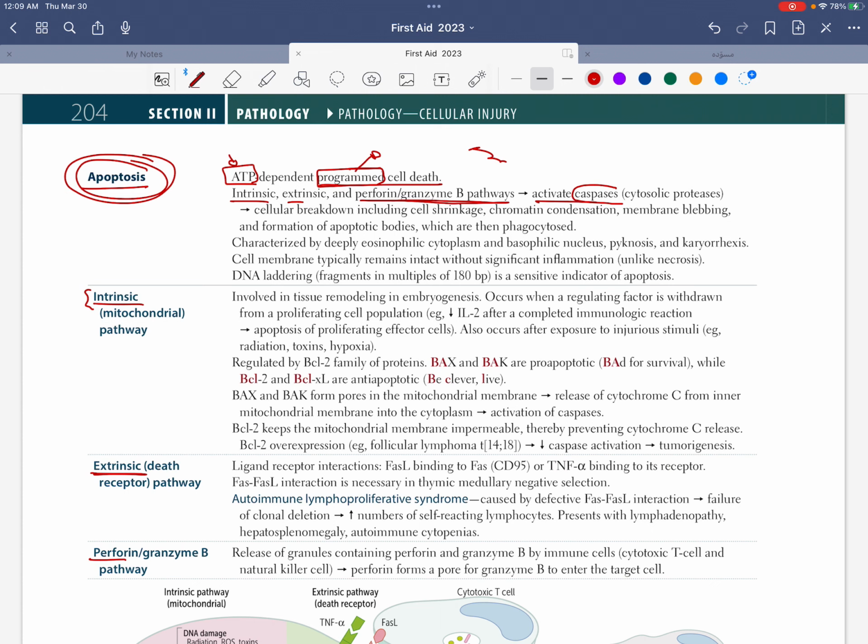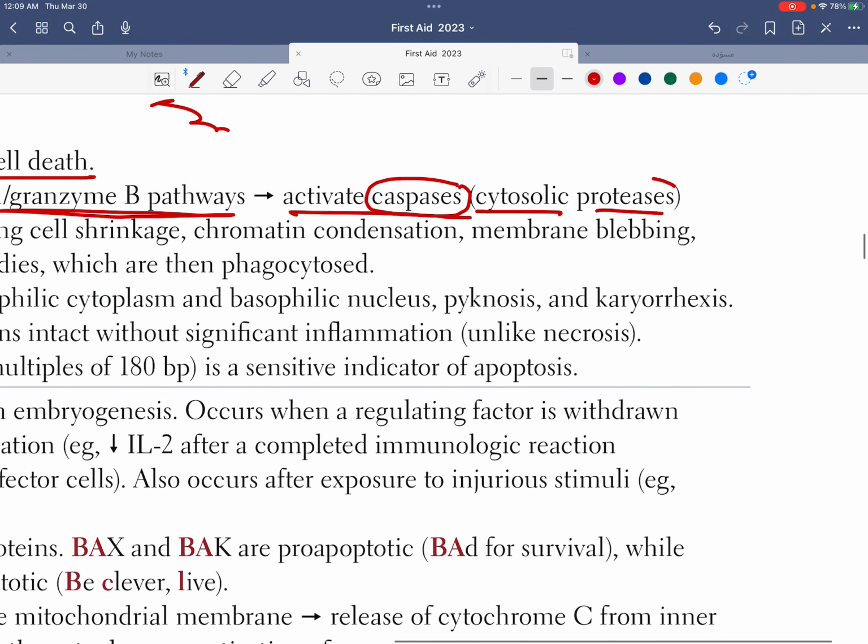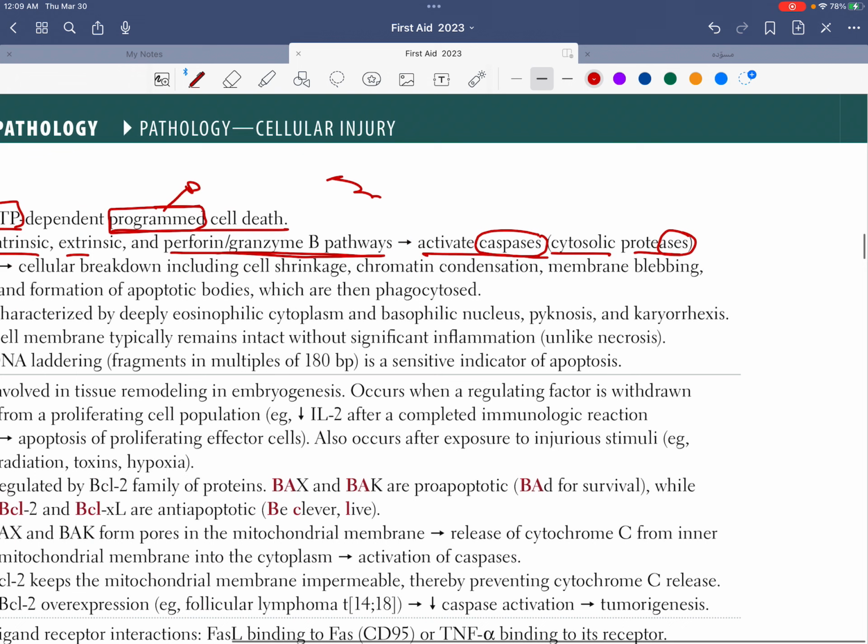Caspases. These caspases are cytosolic proteases, and as we said, because we have this ASE, it's an enzyme, and basically it's degrading the contents of the cell. These enzymes usually are found in the cytosol of the cell, and collectively their name is caspases.